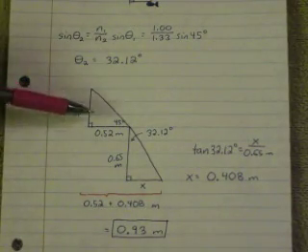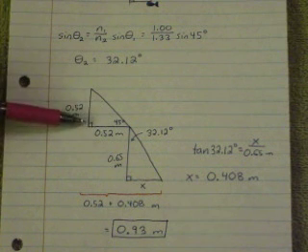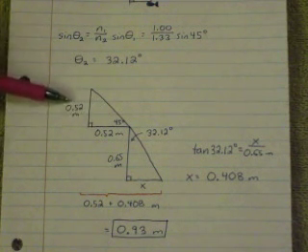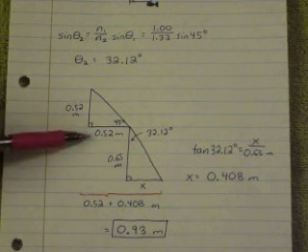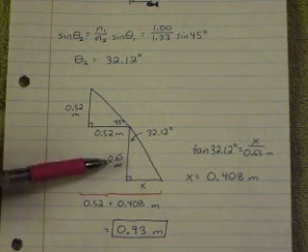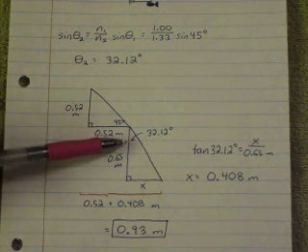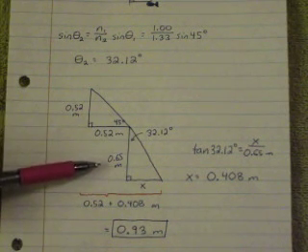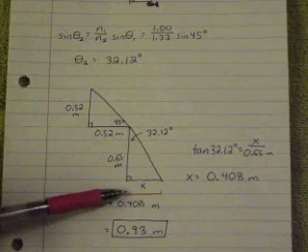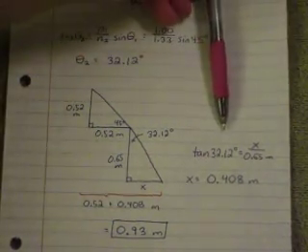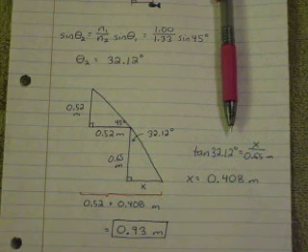The first triangle, if it's a 45-45-90 triangle, if the vertical leg is 0.52 meters, the horizontal leg is also 0.52 meters. It's an isosceles right triangle. For this triangle, if that's a 32.12 degree angle, we know that the vertical leg is 0.65 meters. We want to know the horizontal leg. We'll call it x. Well, in that lower right triangle, let's set up this trigonometric ratio.